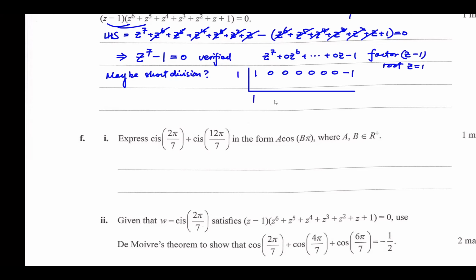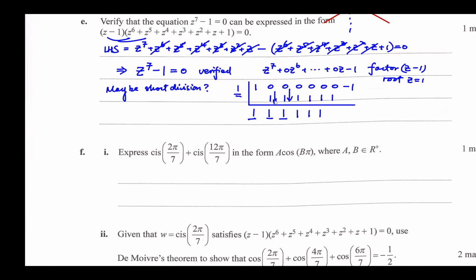Now you drop down the 1 here. 1 multiply 1, that's 1. Add them up here. 1, 1. Multiply together, put it here. Keep doing that, you will get 1, 1, 1, 1, if I'm not mistaken. And finally, you should get a 1 here. Lastly, you get a 1 here, but once you add them up, you get a 0. So this is your remainder.